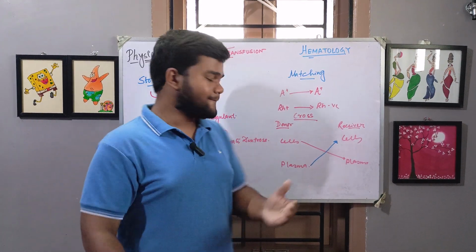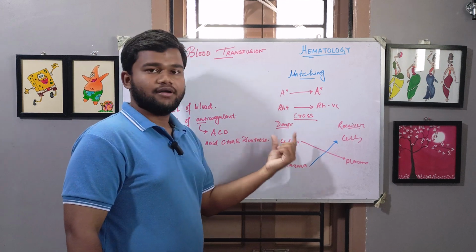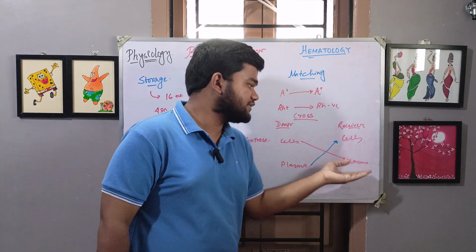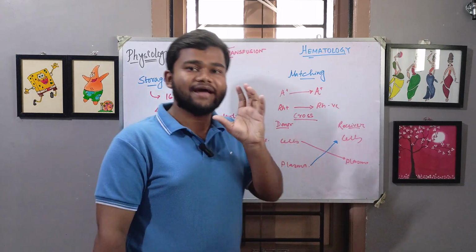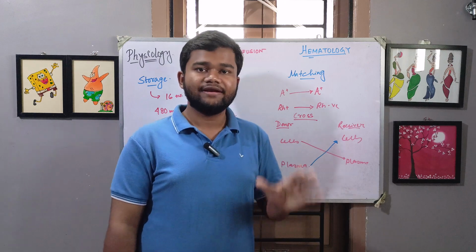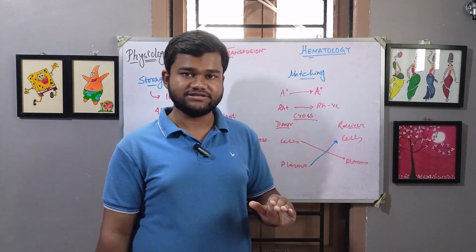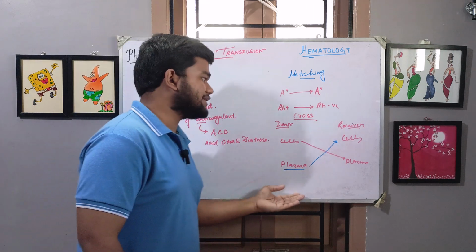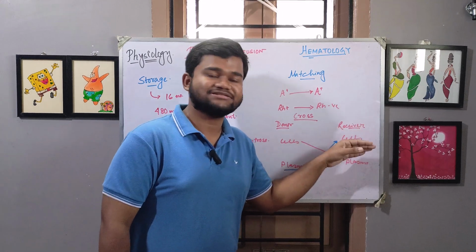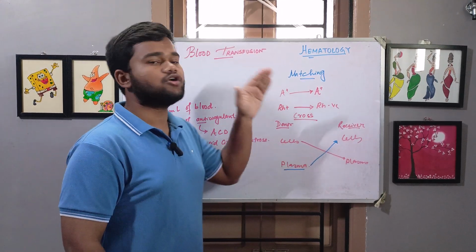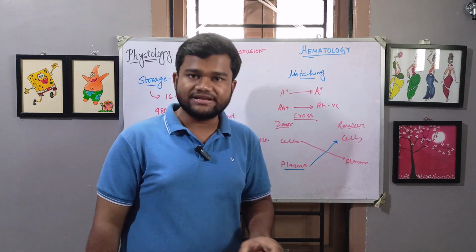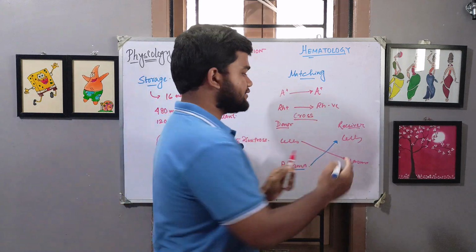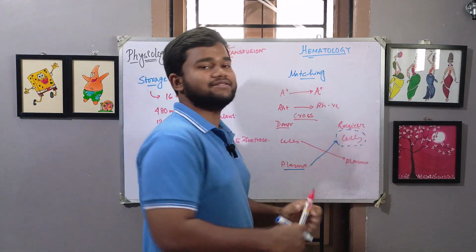Let us explain why. If the cells have antigens which are against the antibodies present in the plasma of the receiver, then it will create a havoc antigen antibody reaction resulting in higher complications. But if the plasma of the donor has antibodies against the antigens present on the cells of the receiver, it might not be such a harmful scenario, because these antibodies will get diluted in the 5 liters of blood present in the receiver.